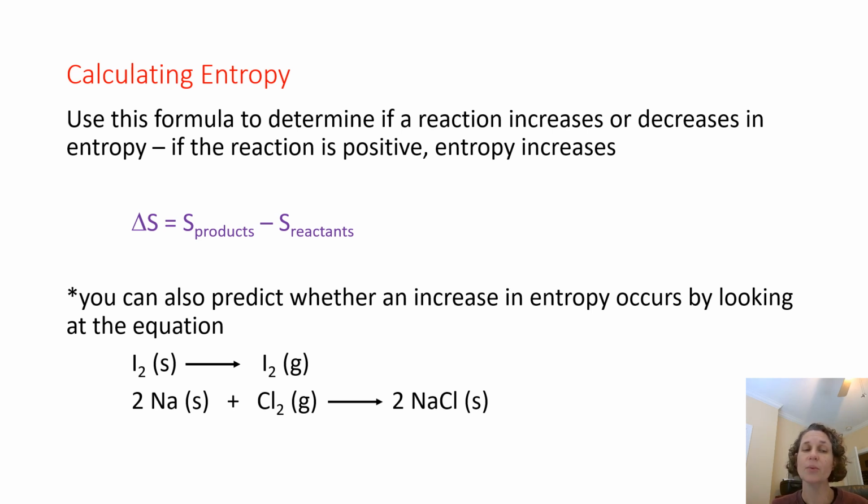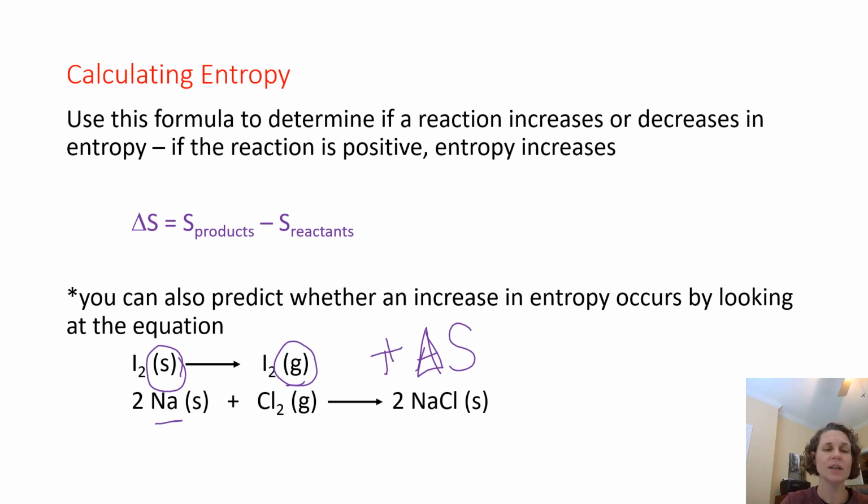Now, with an equation, you also could maybe just look at it. If you look at what is happening, for instance, in this first one, if you're going from a solid to a gas, you are increasing disorder. That's supposed to be a positive. So you have an increase in entropy, so you have a positive S. Same with this bottom one, you can look at it.